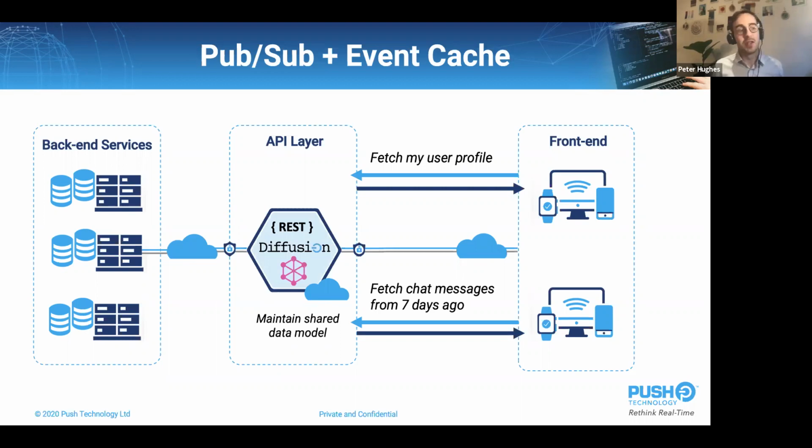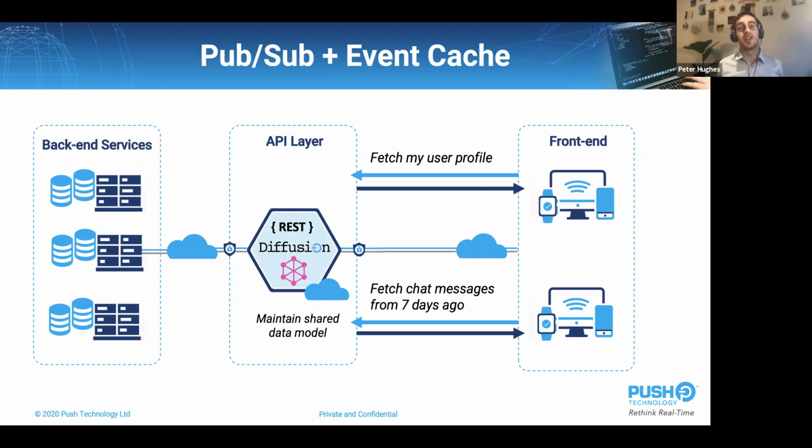If, for instance, you have some part of your application model that needs to store user profiles, you can use Diffusion to stream out changes to profile data as and when it occurs. But Diffusion can also act as a cache for that profile data, letting an application just query it if you need access on a more on-demand basis.